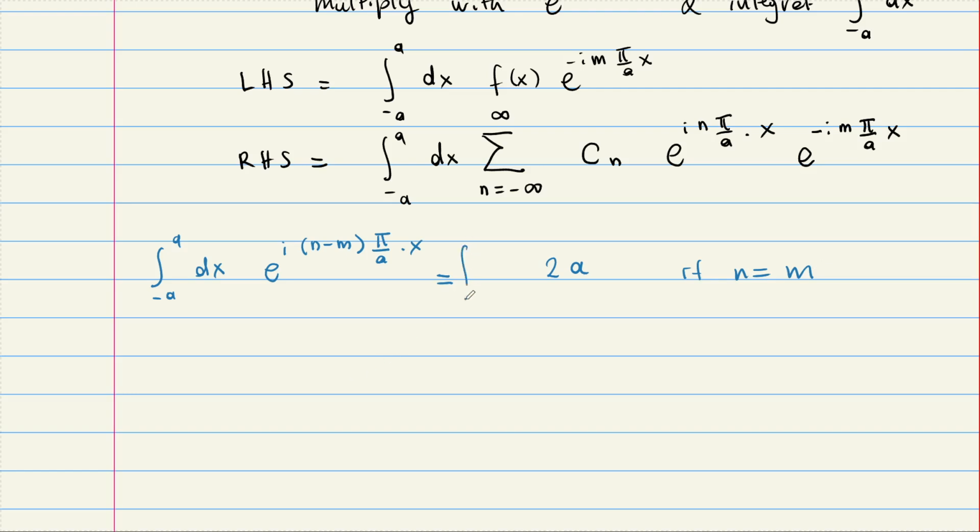Otherwise, we have to take the integral, e to the i n minus m pi over a x divided by i n minus m pi over a, and the limits are from minus a to a if n is not equal to m. Since this is valid for n not equal to m, I don't have any denominator problem. Nothing is blowing up.